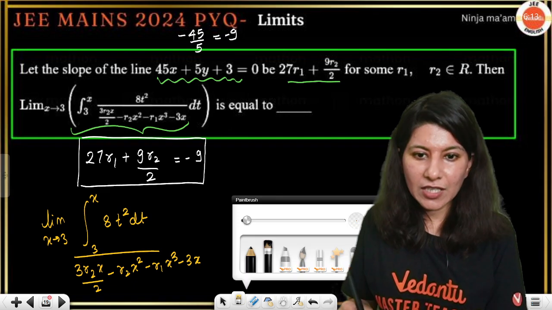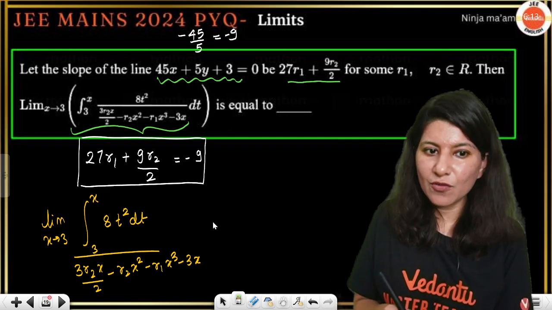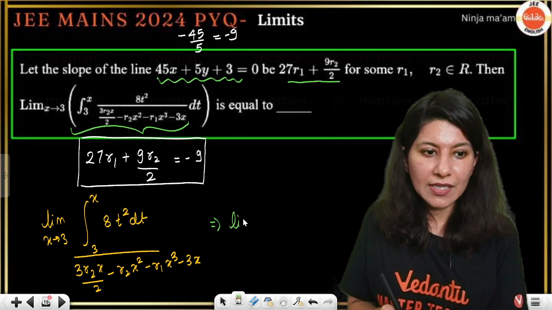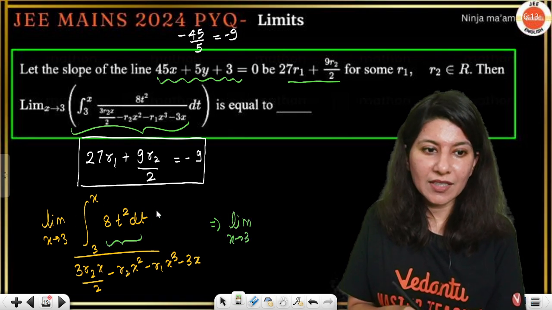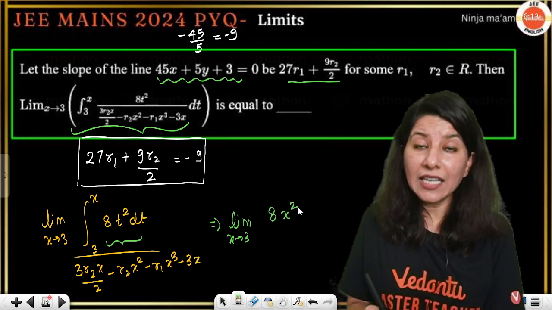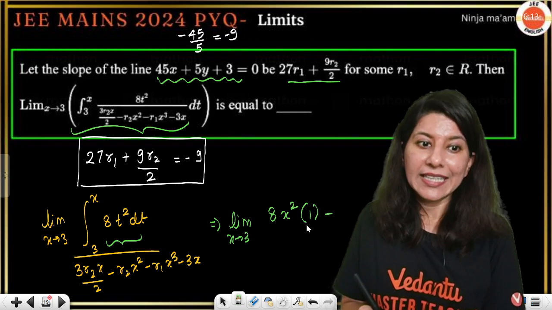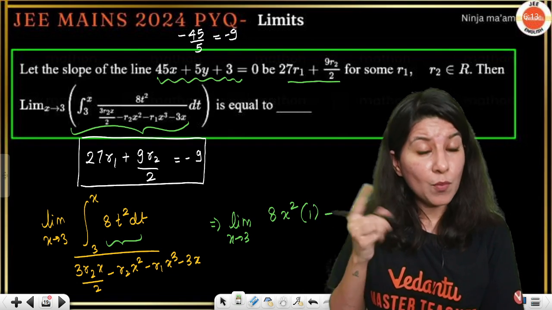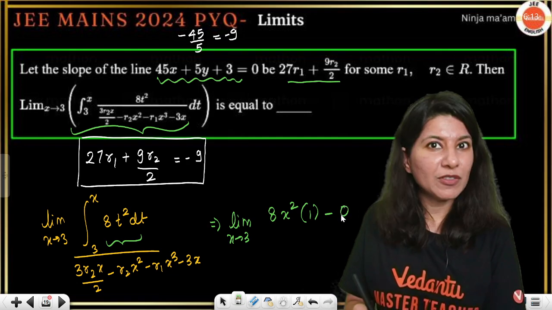Here 0 by 0 form is getting formed, so apply L'Hopital. Limit x tends to 3. If you differentiate the numerator, t will be replaced by x, 8x square, and differentiate your upper limit. Minus, t will be replaced by 3, and the moment you differentiate the lower limit, you will get a 0, so no need to perform that.